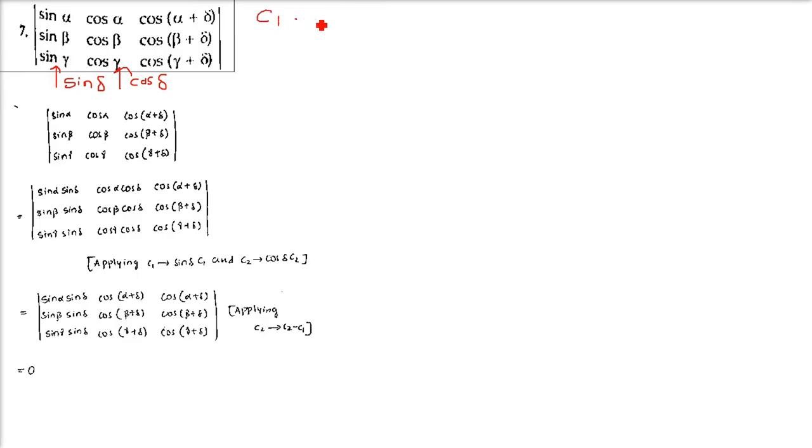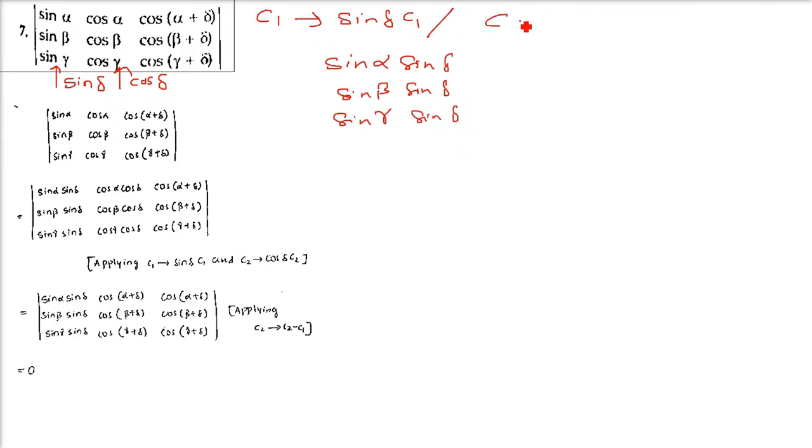Okay, column 1, we are multiplying column 1 with sin eta. So this will be sin alpha sin eta, sin beta sin eta, sin gamma sin eta. Now we will multiply column 2 by cos eta. So what will it be?